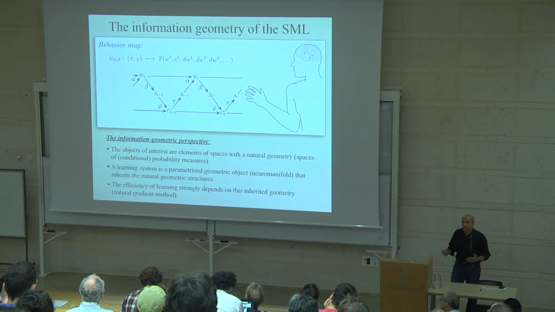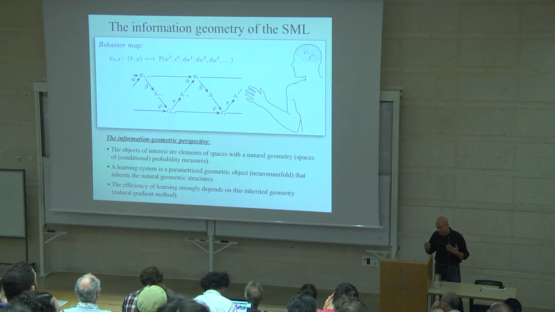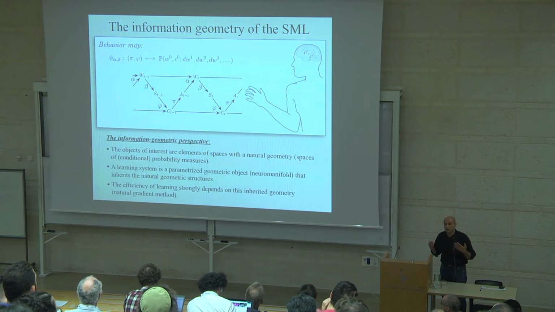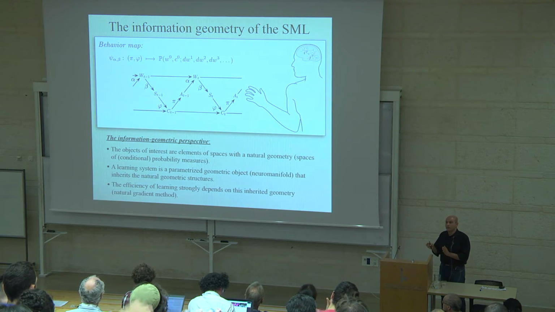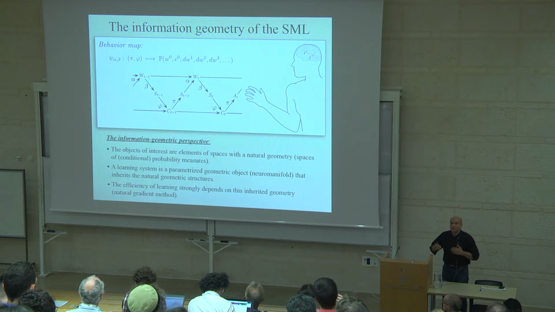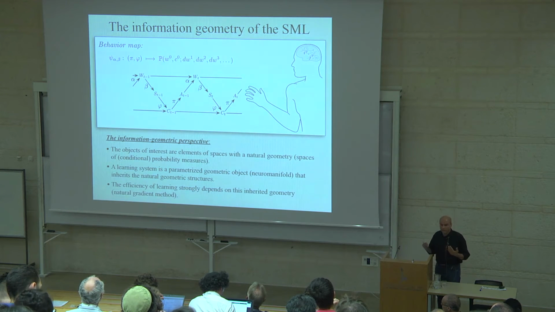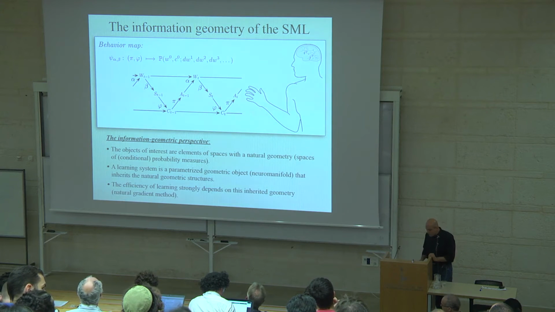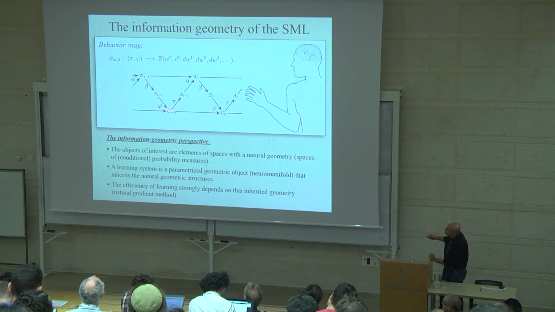So all of this is described, most generally, in terms of so-called Markov kernels, which are simply conditional probability distributions, but used as a generative model.